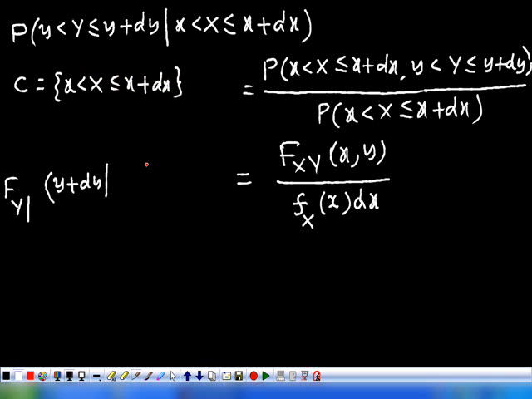See the previous pages. Okay, we assume the event x less than or equivalent to x plus dx is c. Therefore, can I write this as Fy of c minus Fy of c? Is it right? Can I write this as this?